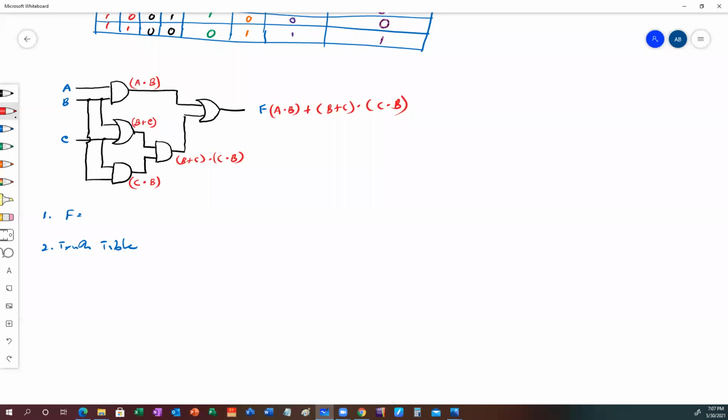Right. It could be like this: A and B, OR, B or C, and C and B. Or it could be A, B, OR, B or C, and C, B. This way. All are correct.